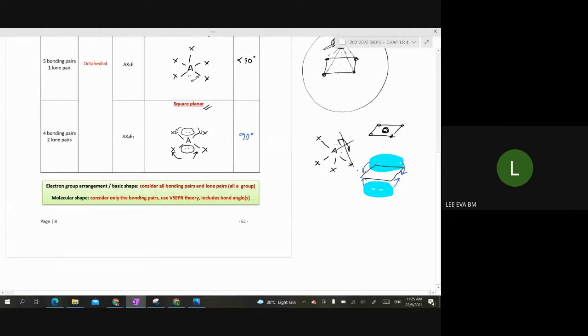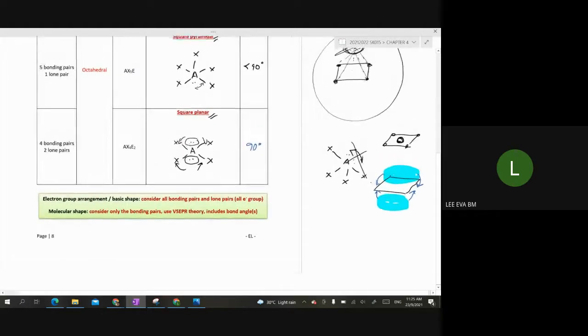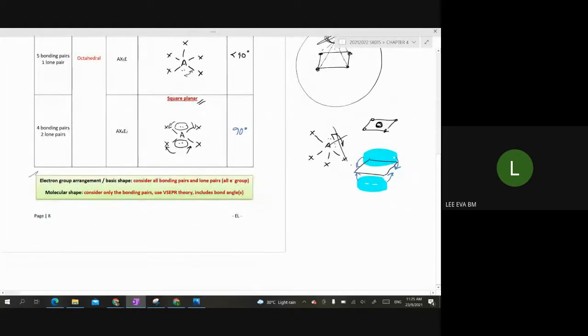Noted. Alright. So the last one over here is to make a conclusion on which one you need to refer to, bonding pair, lone pair, or so on. So electron group arrangement of the basic shape, we consider all bonding pair and lone pair, all electron groups.